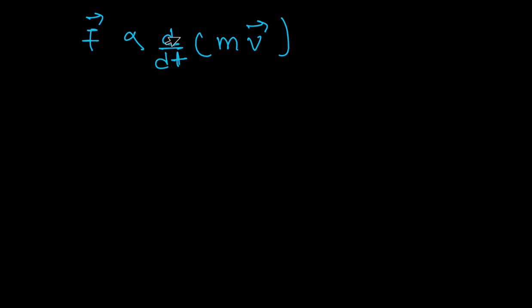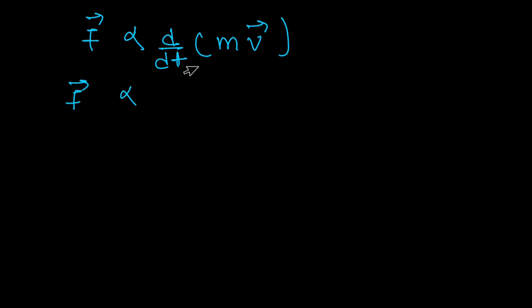So this is very small change in linear momentum in very small time. So this is equal to the rate of change of linear momentum. So rate of change of linear momentum is directly proportional to the force according to the second law. So we can write this as F is directly proportional to d by dt of mv.